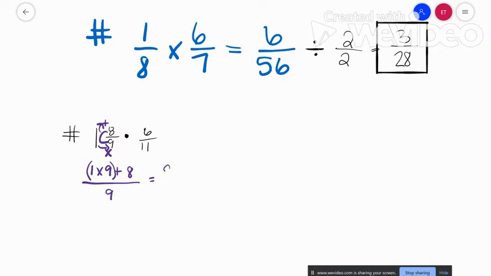So 1 times 9 is 9 plus 8, still over 9. 9 plus 8 is 17, all over 9. So now my new equation is 17 over 9 times 6 over 11.